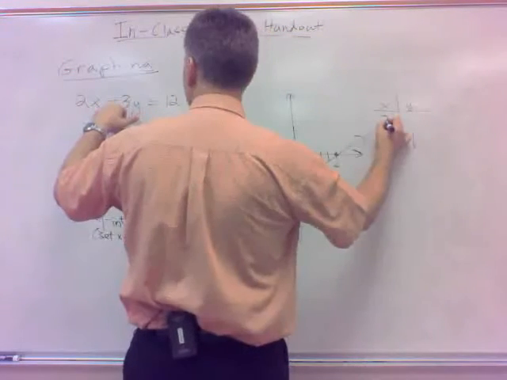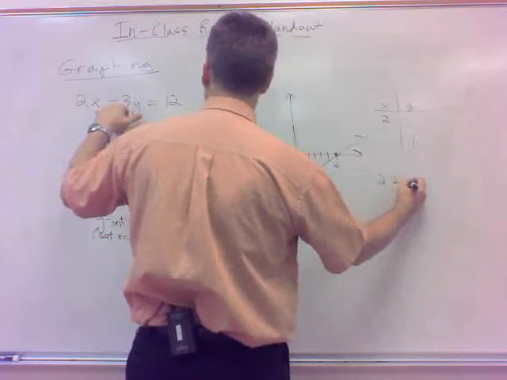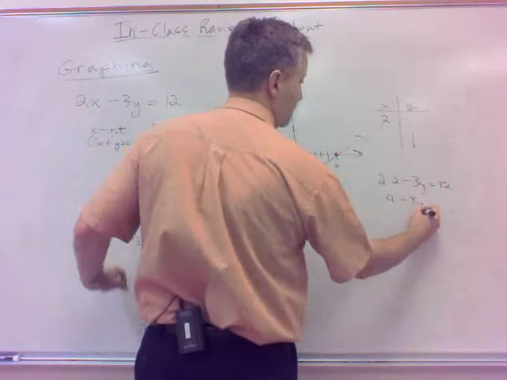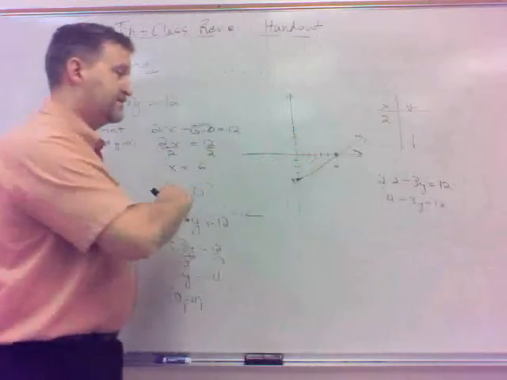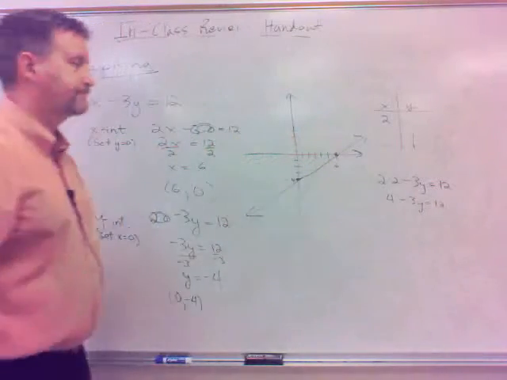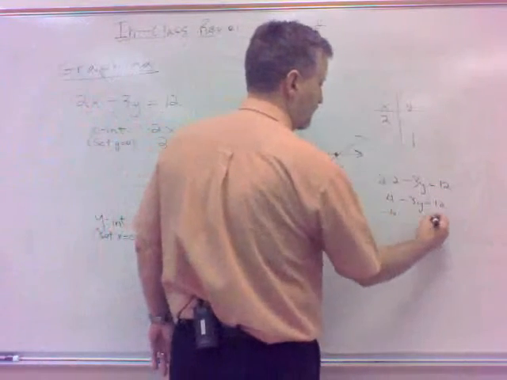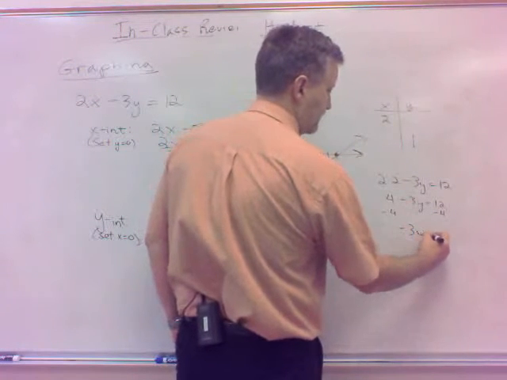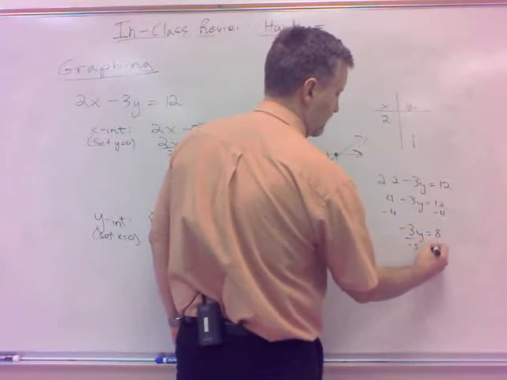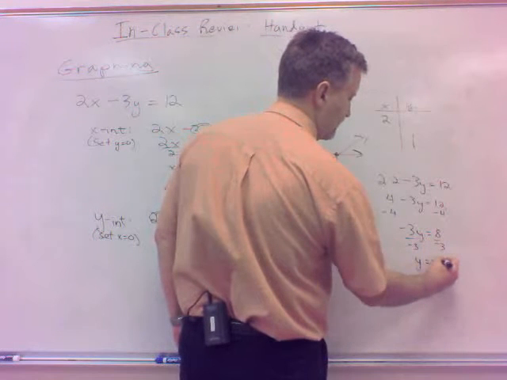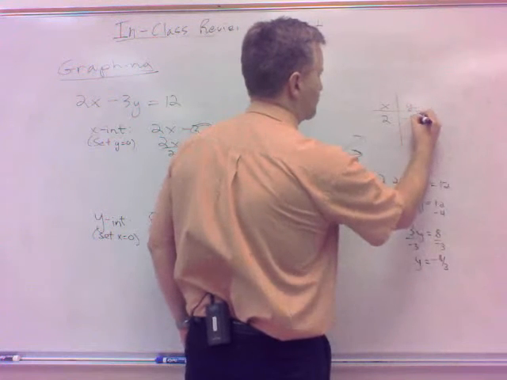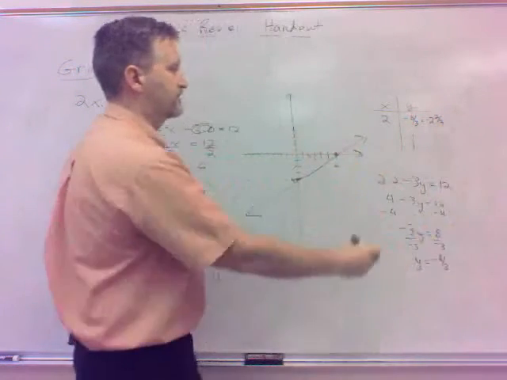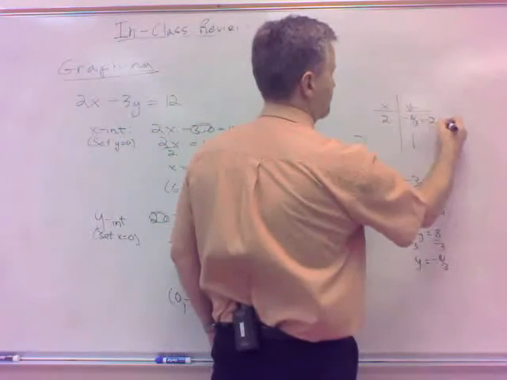So if x is 2, we'd have 2 times 2 minus 3y equals 12. So that would be 4 minus 3y equals 12. It's not as nice as the x-intercept ones. You have to do a little more work. Subtract the 4, so we have minus 3y equals 8. Divide by negative 3, so y is negative 8/3. Or that's negative 2 2/3, or negative 2.66666 repeating.